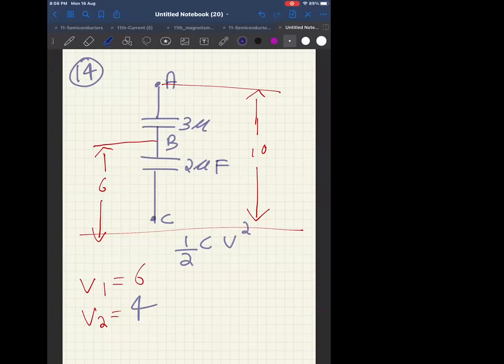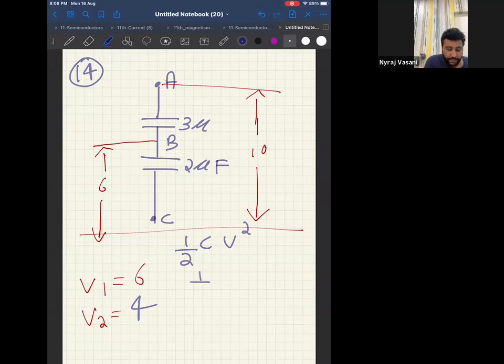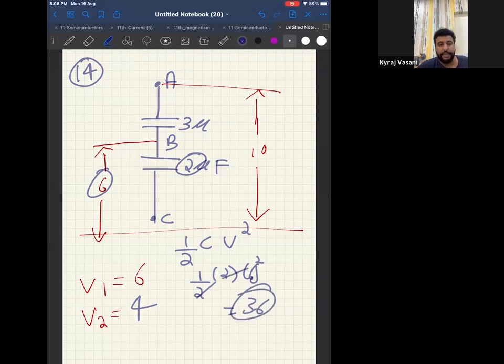Half CV square for the first one will be half into 2 into 6 square. Correct? Because here 2 is there, here 6 is there. Therefore, half into 2 into 6 square will be 36. So the first answer is 36. Getting it, all of you?